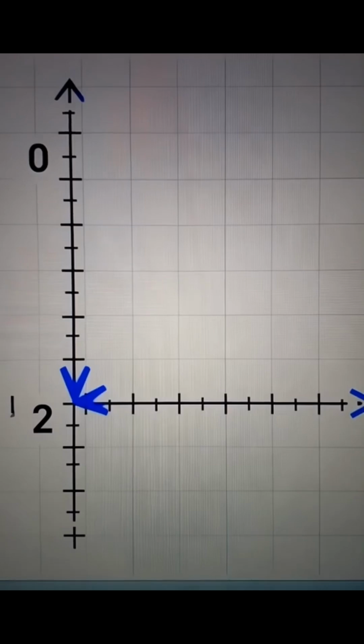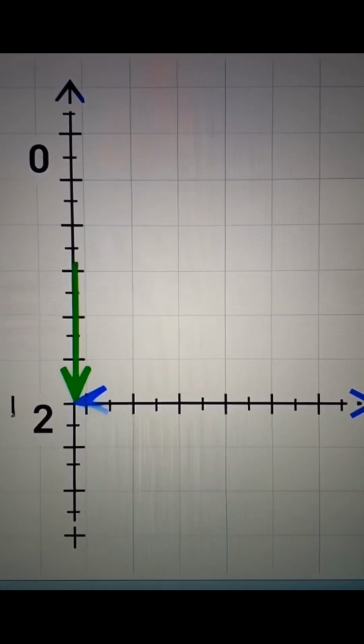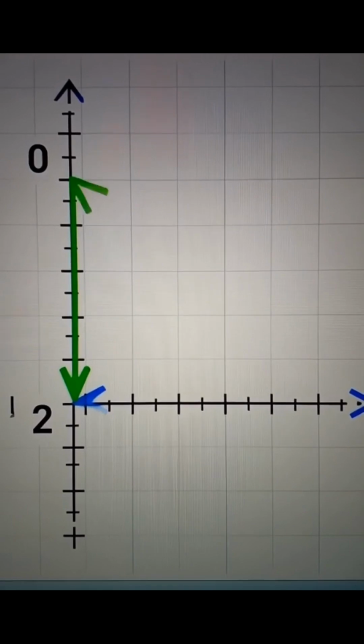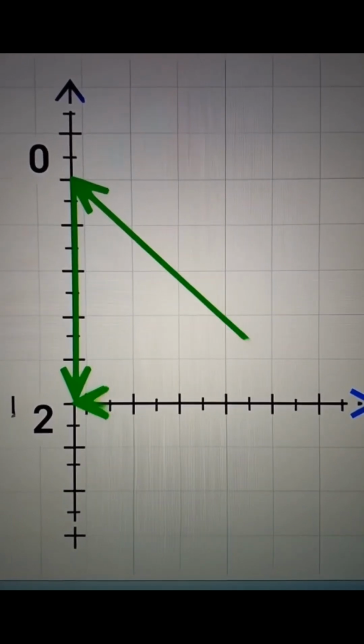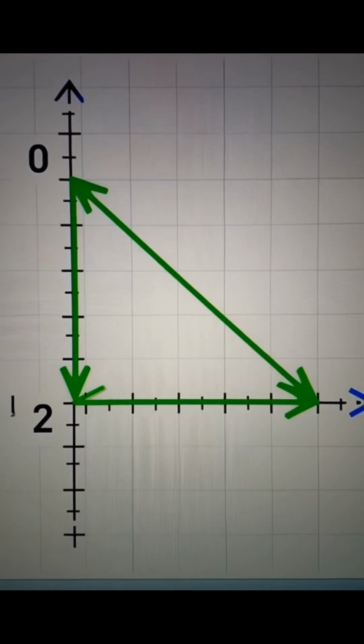Distance versus displacement. Very important. Distance is the actual path length travelled by an object. Displacement is the shortest distance between the initial and final position in a particular direction.